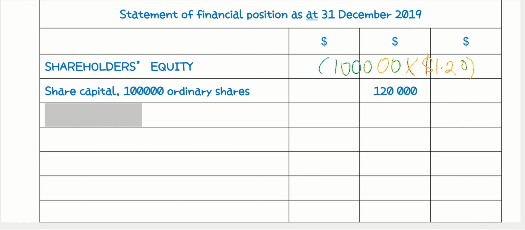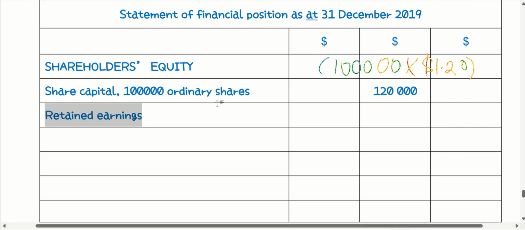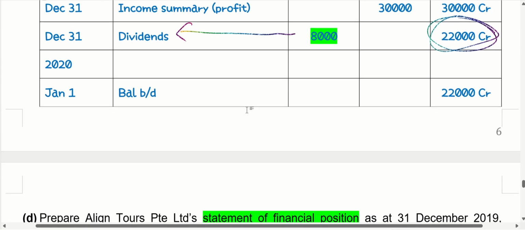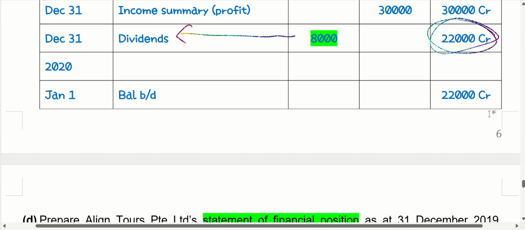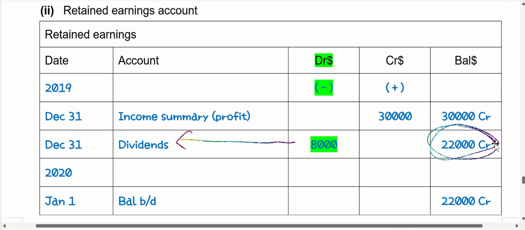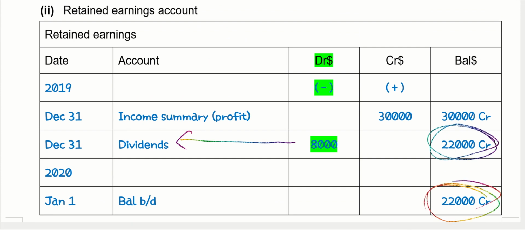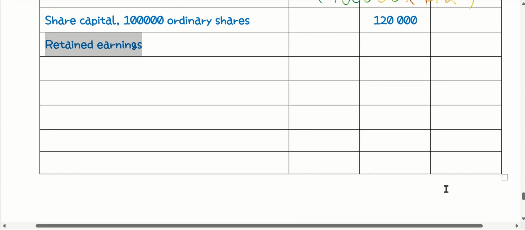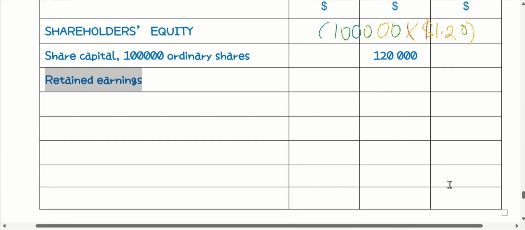Next, we are going to record the retained earnings. Retained earnings is actually only for 1 year. Very small retained earnings. Where do you get this number from? Can you remember this? Is that your retained earnings account? There was this $22,000 credit. That's where it's from. The balance of the retained earnings account is 22,000.